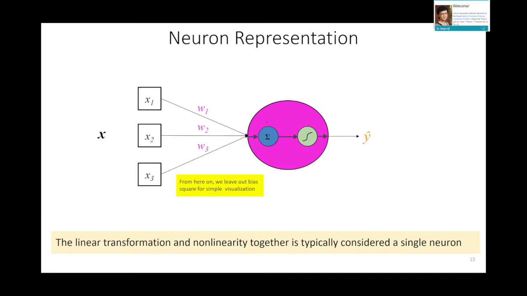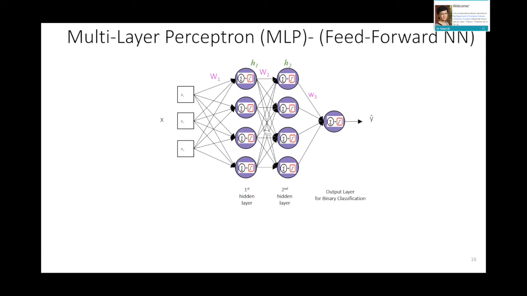You can represent it inside this sigma here, as a B, and you need to learn it. So the linear transformation and nonlinear together, we consider as a single neuron. And then we can just replicate, and we can have many neurons in one layer.